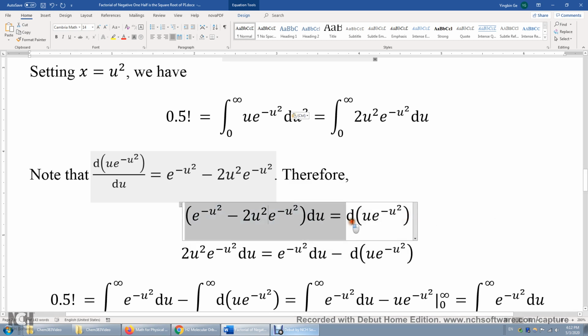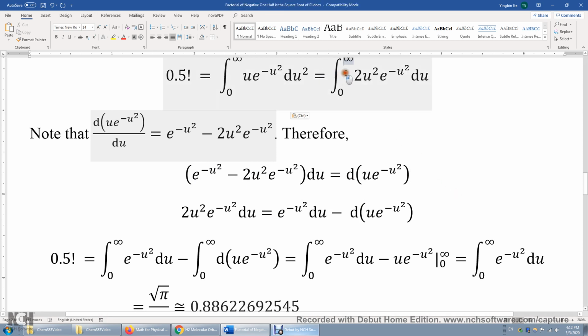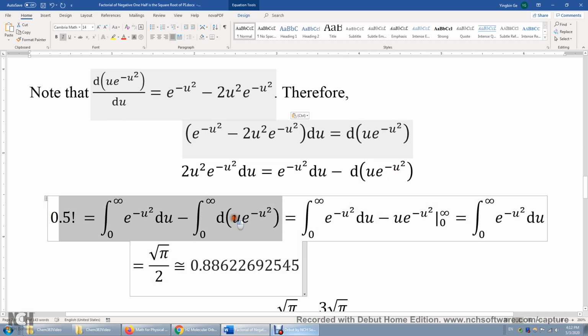All right, so from here to here, that's just very simple algebra. And then we are looking at the integral of this part. Therefore, the integral of this part is the integral of the Gaussian function minus the integral of the exact differential of this product. So it's written here.